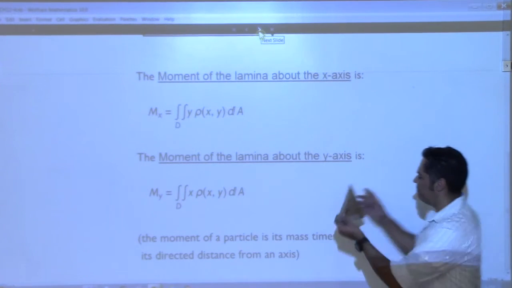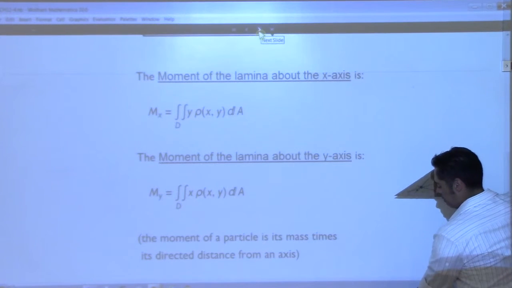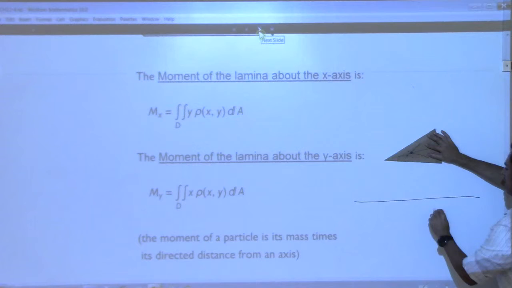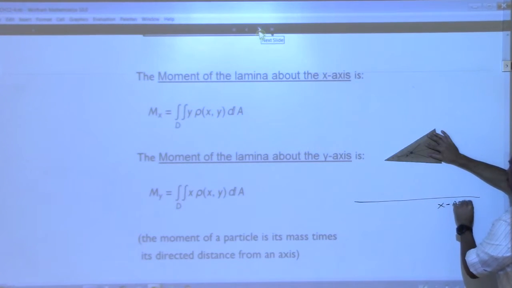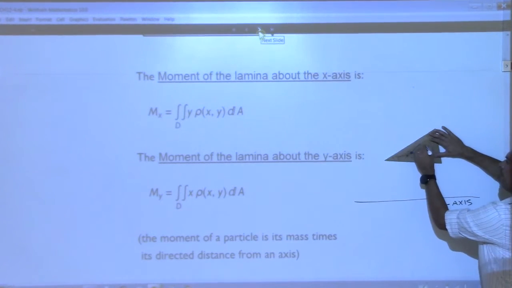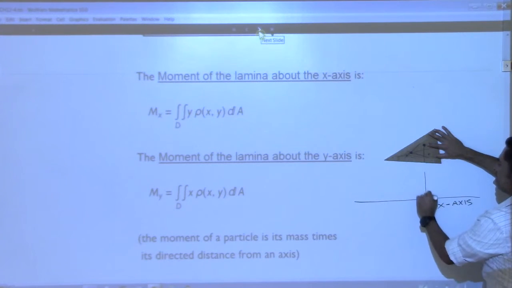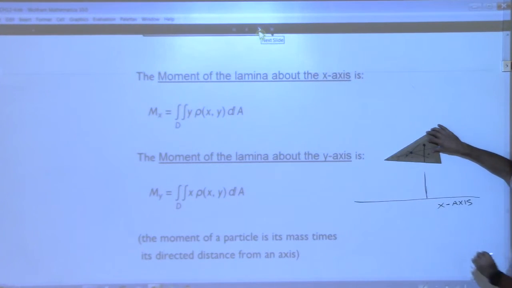So if I have some object here, let's say this is again two-dimensional, and let's say this is my x-axis. If I wanted to calculate the moment of that point, it is the mass of that point times the distance from that point to the x-axis. That's called its moment.